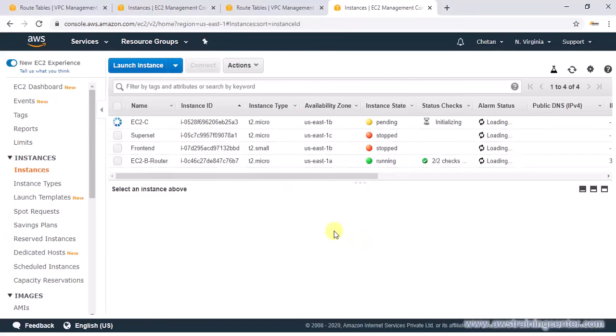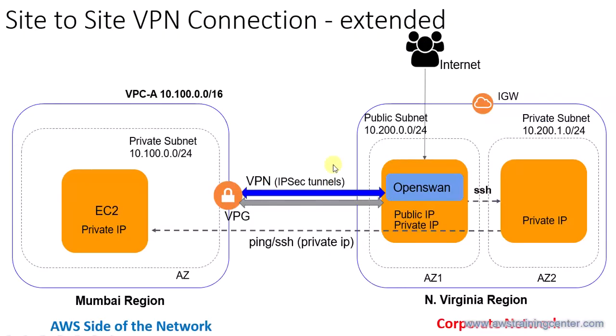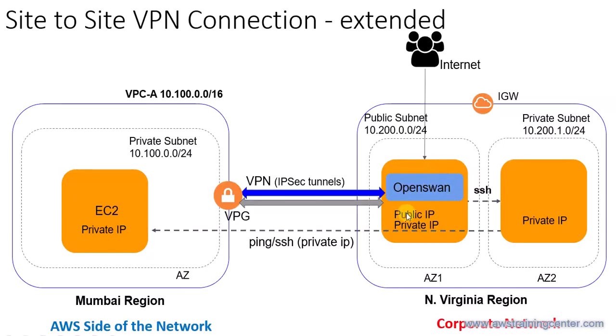Okay, it will take some time for this instance to be up. By that time we need to do certain things. If you see this diagram now, this is going to act as a router, and it has to forward the traffic which is not really for itself. That means from this instance, or from this instance we have to reach this instance.